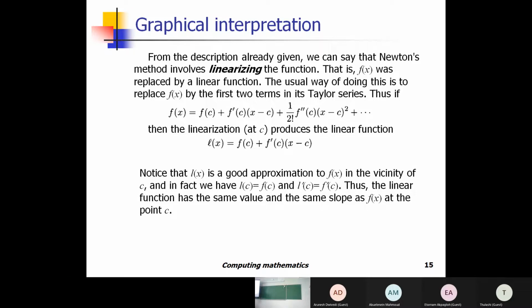And instead of f of x, that is some nonlinear, complex function, we consider L of x, that is linear. c is a constant. f of c is a constant. f prime c is a constant. x is a variable.